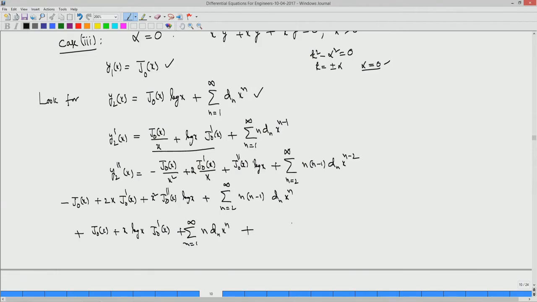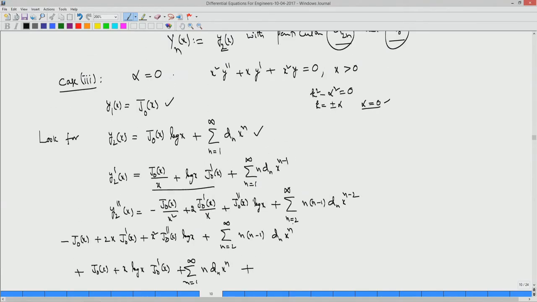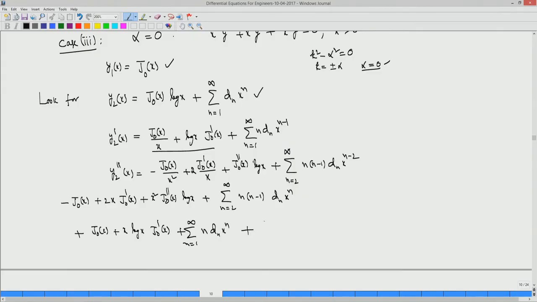Now the remaining is x squared into y, so that is x squared J0 of x log x plus x squared times the series, and you multiply this, d_n x^(n+2).